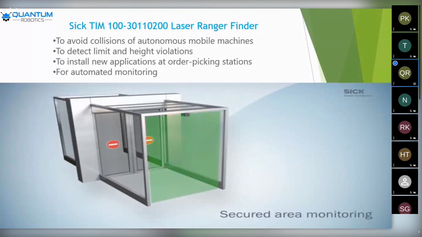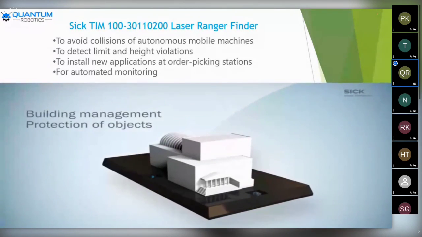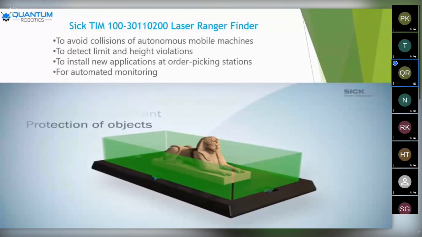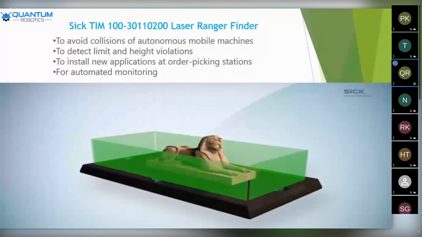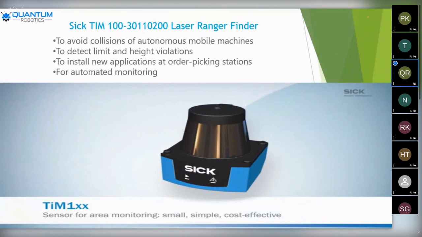And they reliably detect people in these areas as well as thrown in objects. Tier 1 sensors are also used in the field of building management, for example, for the protection of objects in museums or for building safety and security. Tier 1, the effective 2D lighting sensors for your automation requirements.